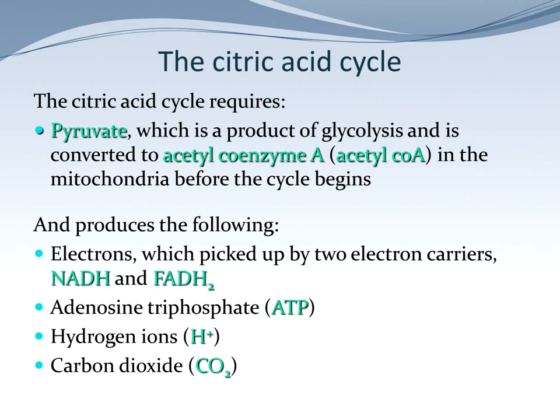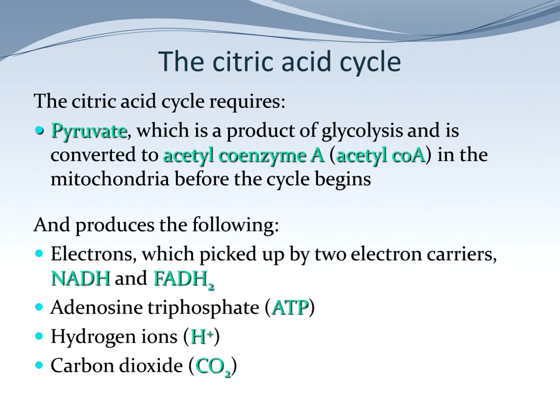Before the citric acid cycle can begin, pyruvate or pyruvic acid, one of the products of glycolysis, must be imported into the mitochondria. Once the pyruvate is in the mitochondria, it is converted by chemical reactions into another molecule called acetyl-coenzyme A, or acetyl-CoA for short. Each molecule of acetyl-CoA goes through the reactions that are part of the citric acid cycle in order to extract more electrons.